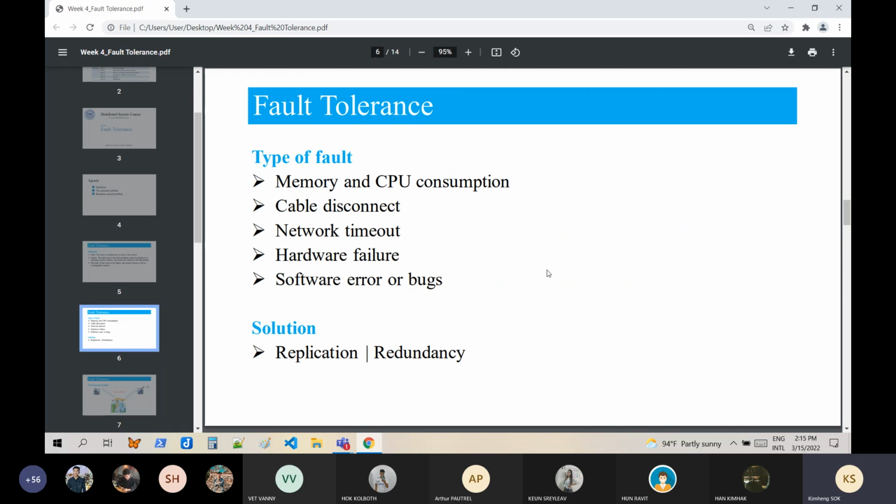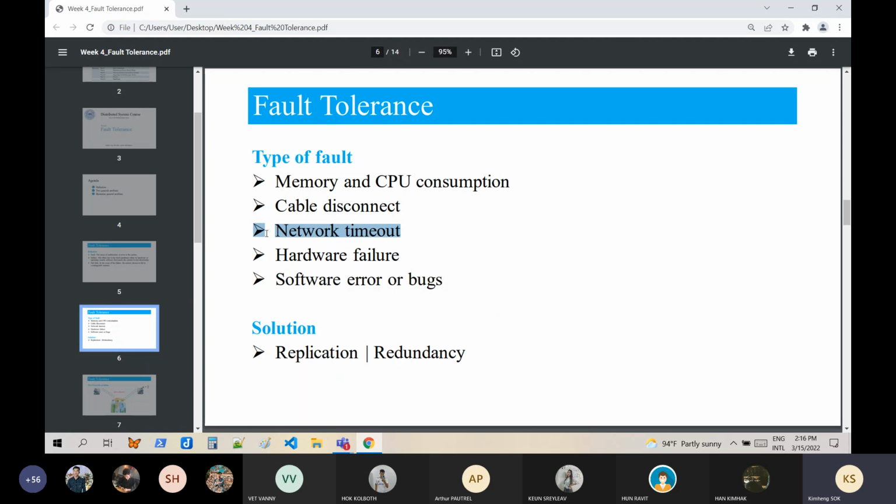Okay, so what are the types of faults? What can cause the problem? For example, no more memory in the system, memory overflow. CPU consumption, where there are a lot of applications and it costs 100% CPU consumption. Those are faults. Sometimes the cable is disconnected, so that is also a type of fault. Network timeout: you send something to another computer and the other computer is not responding.